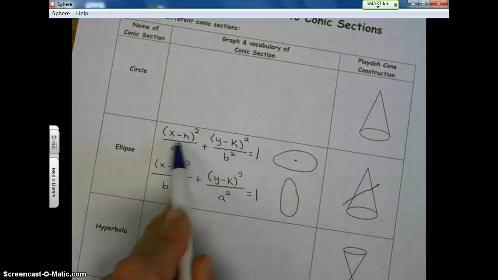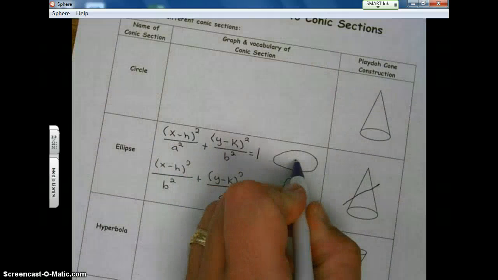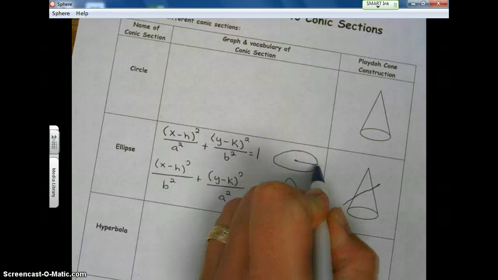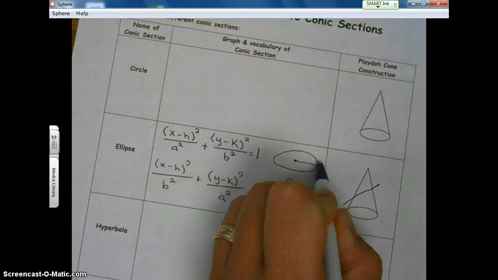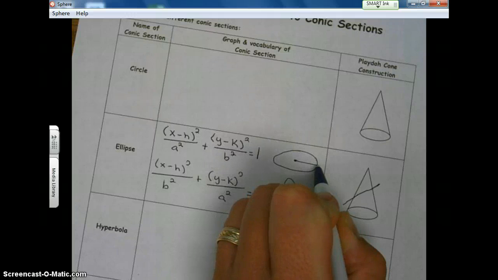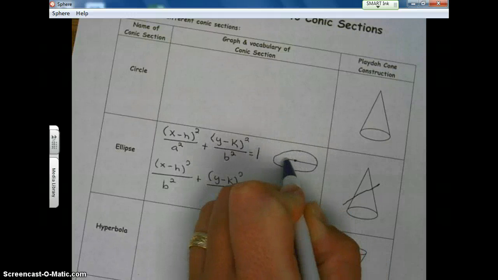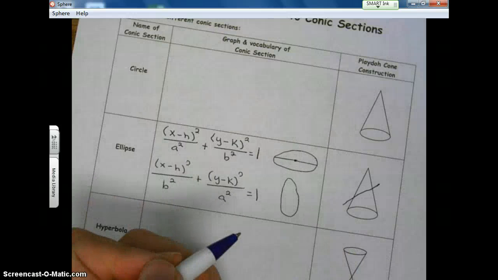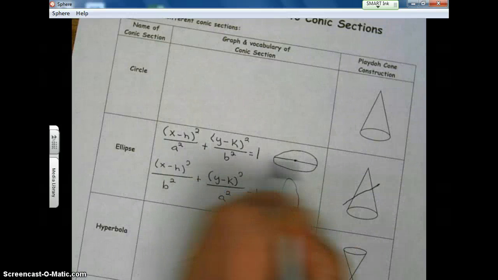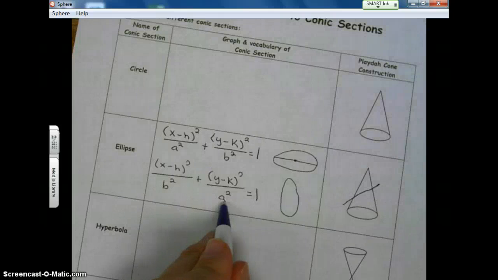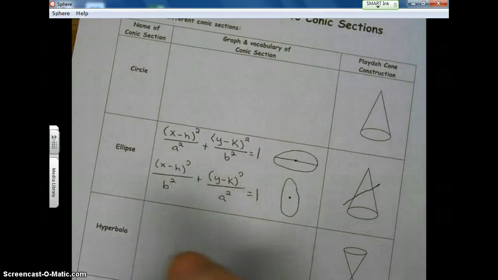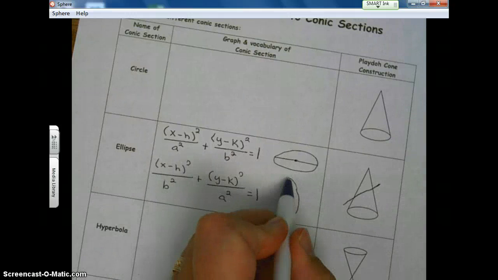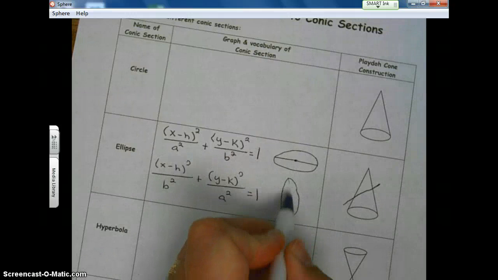The radius for A is under the X. So if this was 0, 0, this would be A comma 0, and this would be negative A comma 0. It's a horizontal axis. Here the A is under the Y. We have a vertical ellipse, and so we would have a vertical axis here.